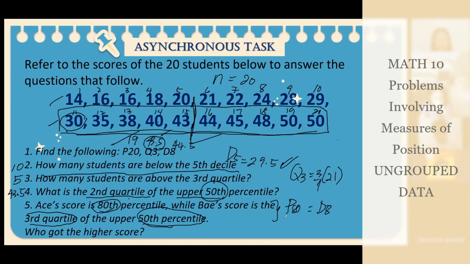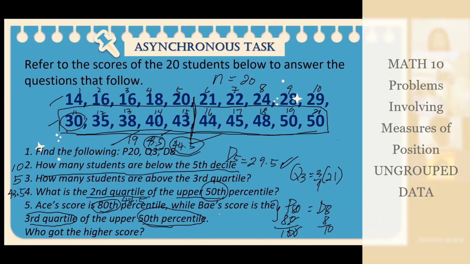Yes. Kasi look, 80 over 100, reduce to lowest term, cancel mo dalawang 0, it's 8 over 10. And we know that decile, it's 8 over 10 then. So, just get this. So, in number 1, we computed that decile 8 is 44.5. So, therefore, the score of Ace is 44.5. So, yan. Si Ace is 44.5.